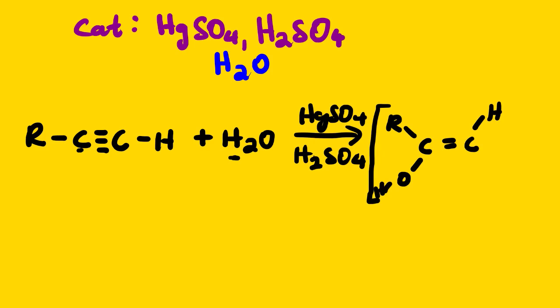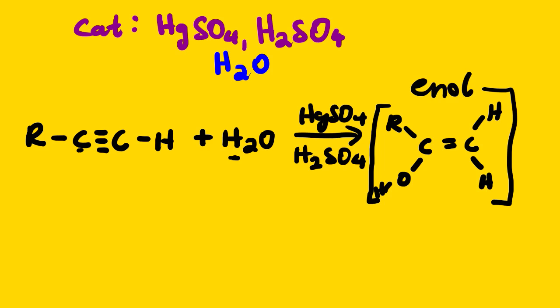Remember that water consists of OH and hydrogen. So this part will go to the Markovnikov carbon, then the other part will go to the other carbon involved in the double bond. Then you can see that this is an enol, since this hydroxy group is bonded to the carbon that is bonded to the double bond.